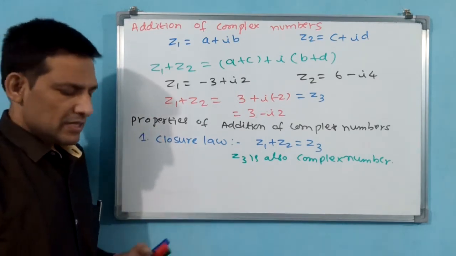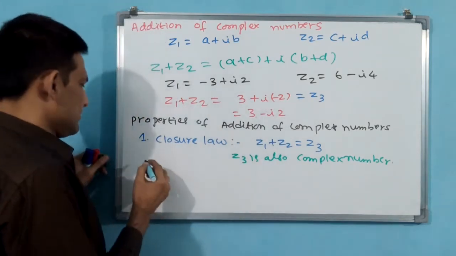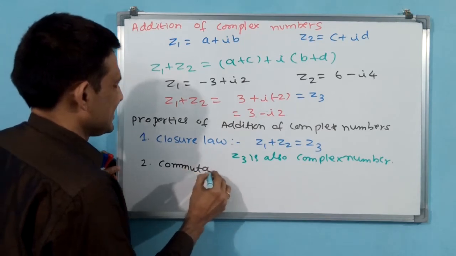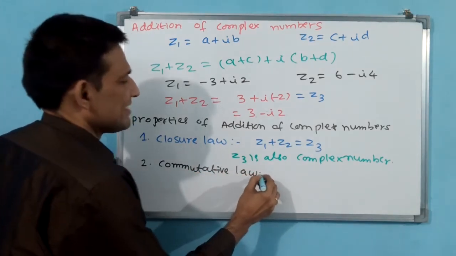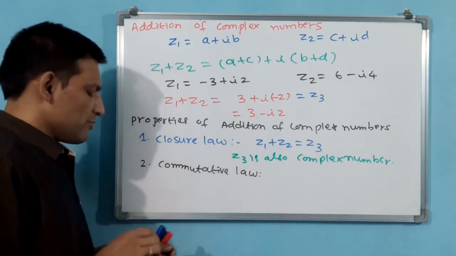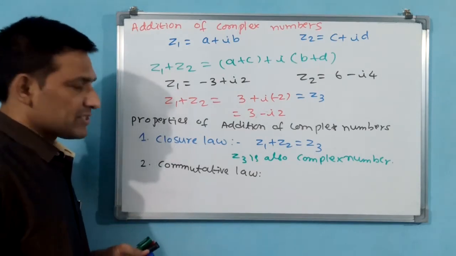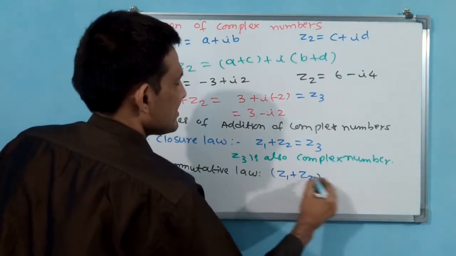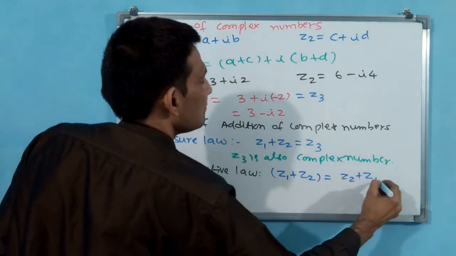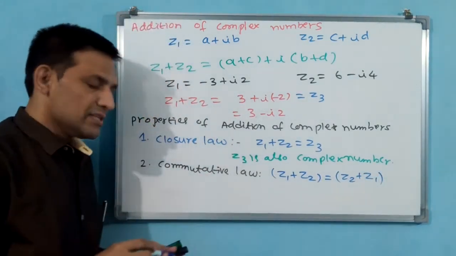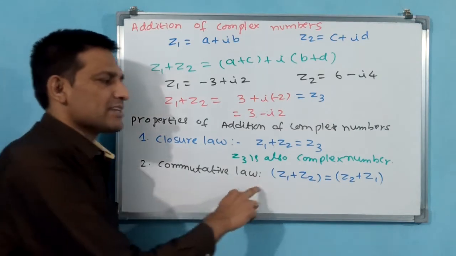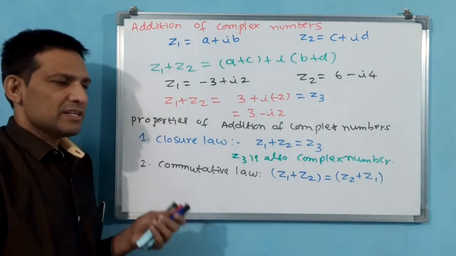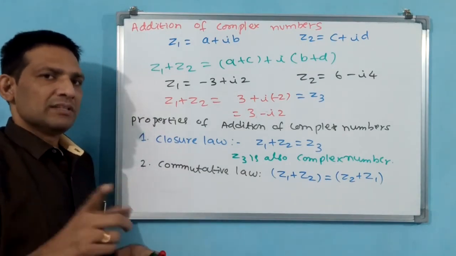For properties of addition, second law, commutative law. What is commutative law? Z1 plus Z2 is equal to Z2 plus Z1. That means you can add Z1 plus Z2, and the same result is going to come even if you add Z2 plus Z1. Even if you reverse the addition, the same thing is going to come.